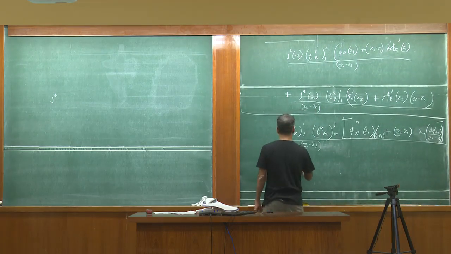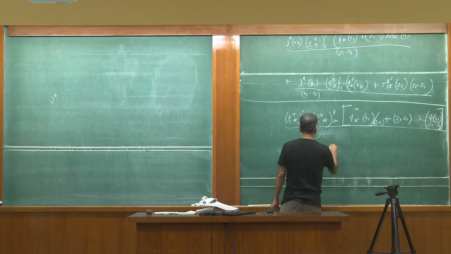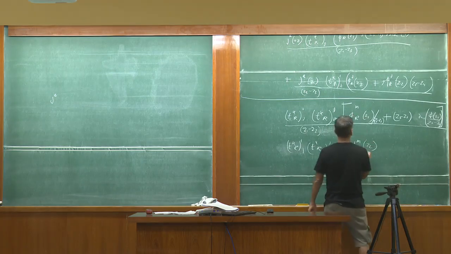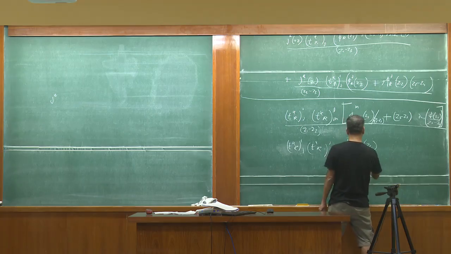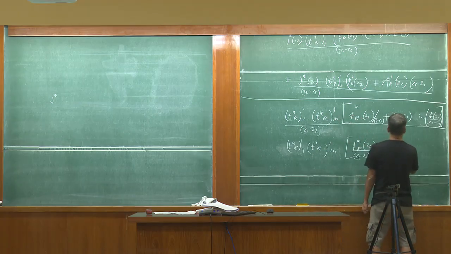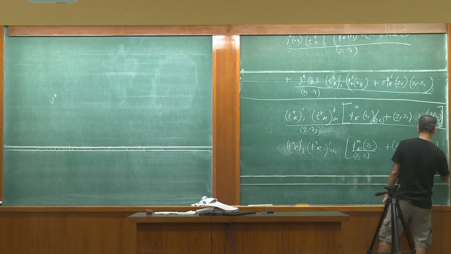Plus TAR IJ TAR JM phi MR Z2 divided by Z1 minus Z2 plus Z3 minus Z1 del Z2 phi of Z2 divided by Z1 minus Z2.